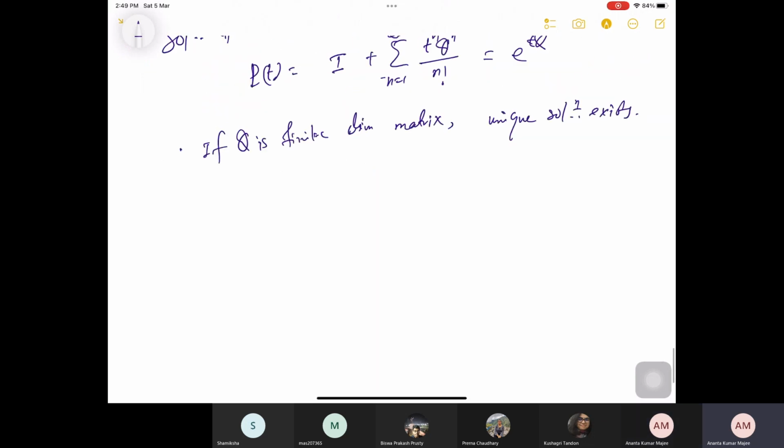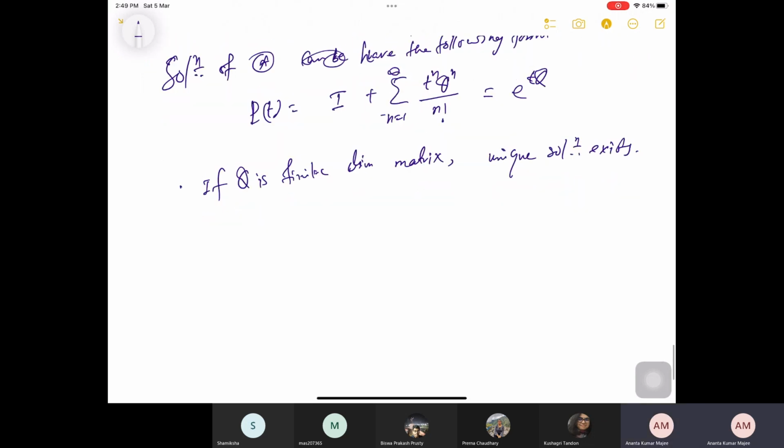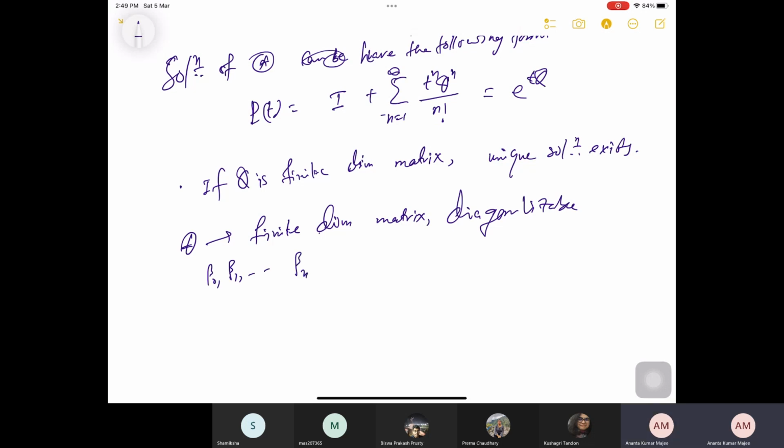So at least for some special case, in particular, if Q is a finite dimensional matrix and diagonalizable, and suppose it has distinct eigenvalues, which I consider beta 0, beta 1 up to beta n, with dimension n.